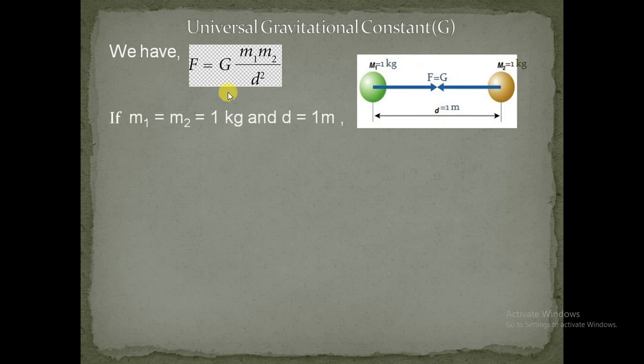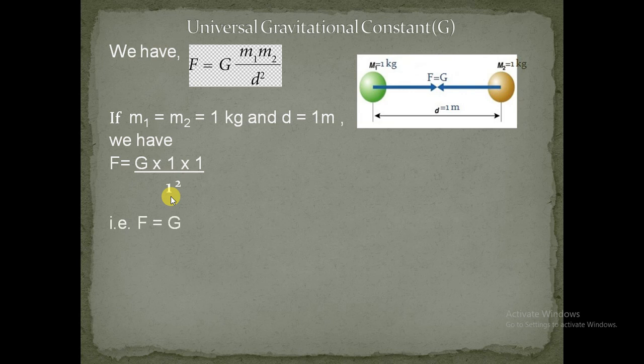So if m1 is equal to m2 is equal to 1 kg and the distance is 1 meter, then we can get F is equal to G. In place of m1 we put 1, in place of m2 we also put 1, and in place of distance we put 1 meter or 1.